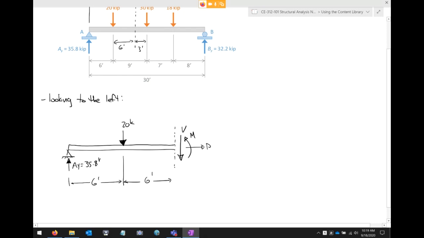But first off, if I sum forces in the x direction, there's nothing going on in the x direction, so it's just going to be 0. There's nothing there anyways. But even if there is, the axial force doesn't really affect the shear and moment diagrams. So a lot of times when engineers are only focused on the shear and moment diagrams, I've found that they just don't write it.